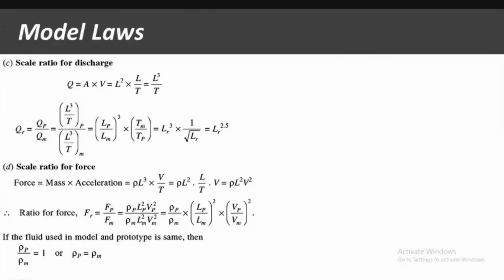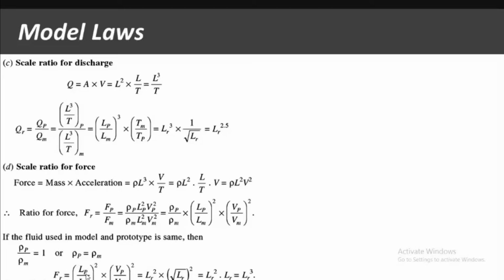Means for example turbine बना रहे हो. टर्बाइन में आप मॉडल में भी वाटर यूज कर रहे हो और एक्चुअल टर्बाइन जो रहेगा प्रोटोटाइप उसमें भी वाटर यूज करने वाले हो. तो उस केस में डेंसिटी विल बी सेम. ओके. वाटर का डेंसिटी 1000 है, मॉडल में भी 1000 रहेगा और प्रोटोटाइप में भी 1000 रहेगा. So in that case if density of fluid is same, so this density ratio is 1.